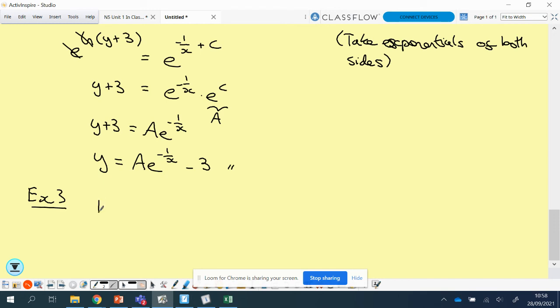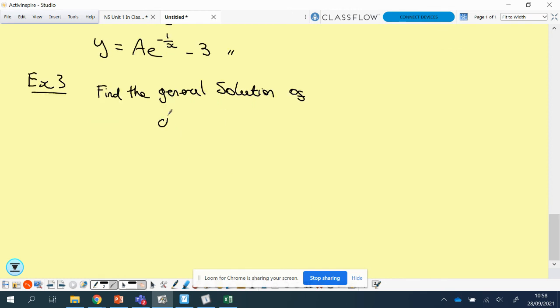So again, find the general solution of dy by dx equals 1 plus y squared over 1 plus x squared. Okay, so we're going to solve for this here.